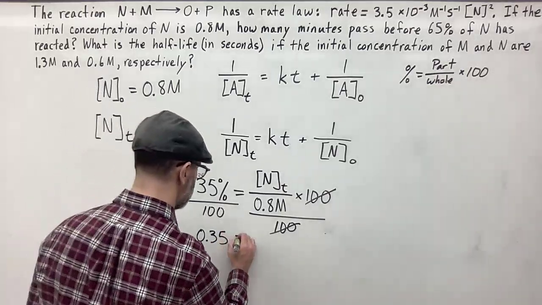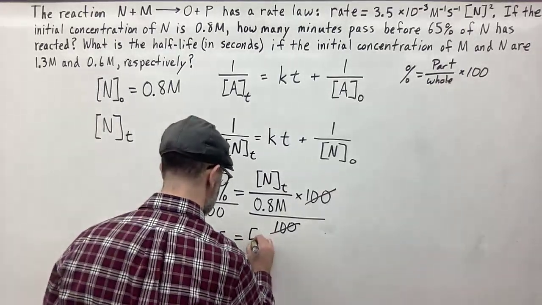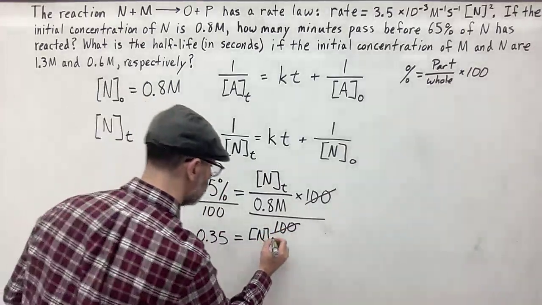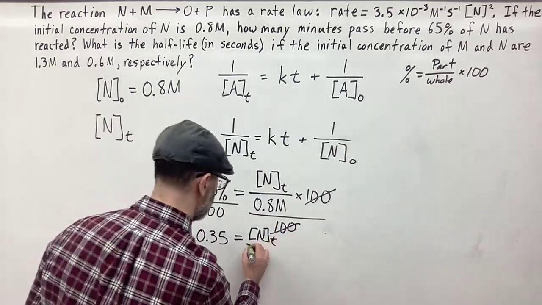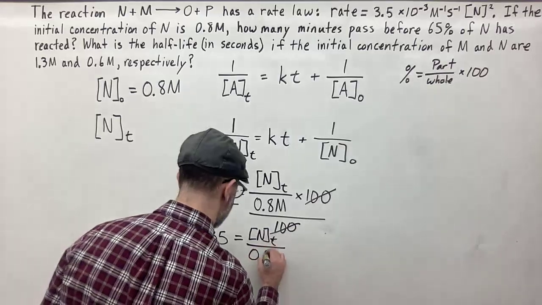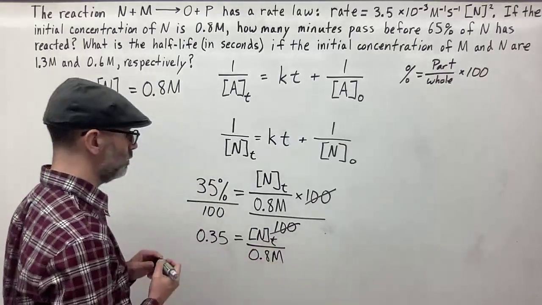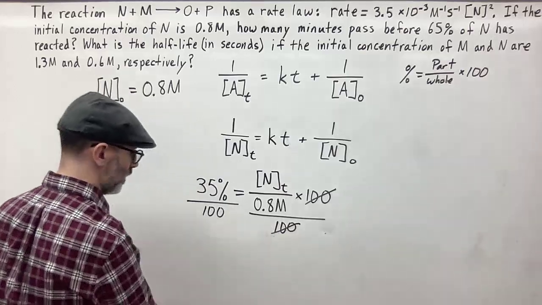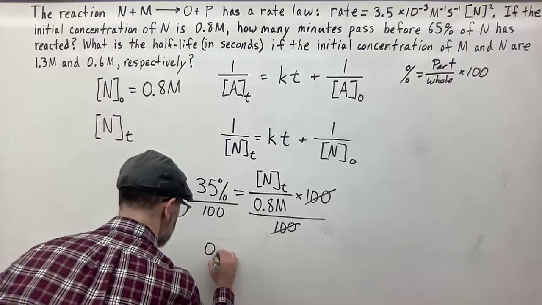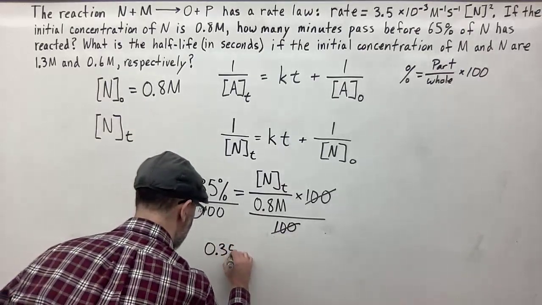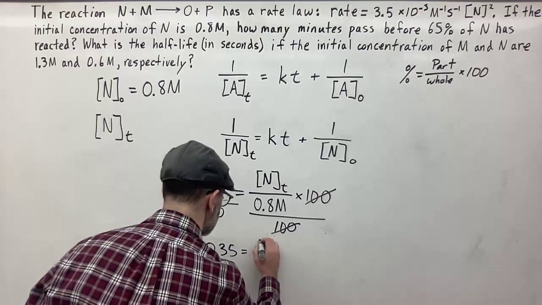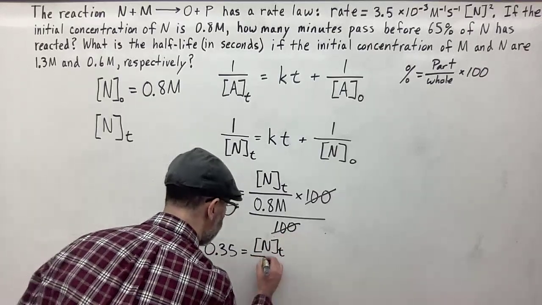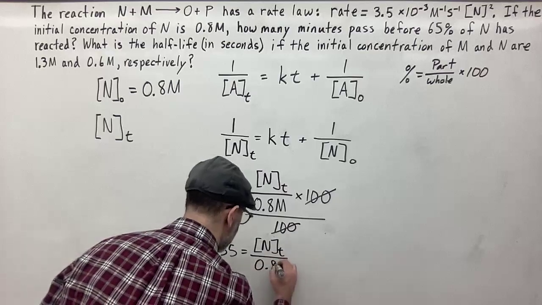And of course, that's going to be equal to the concentration of N at time t divided by 0.8 molar. Let me write this lower so it's out of the way. So 0.35 is equal to the concentration of N at time t over 0.8 molar.